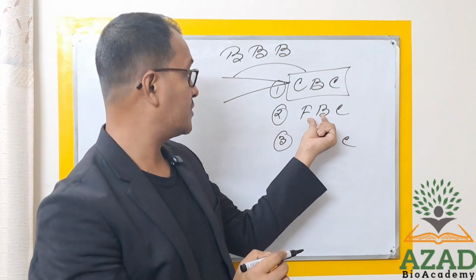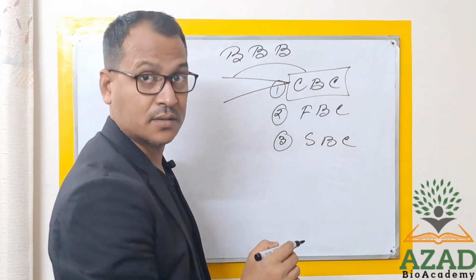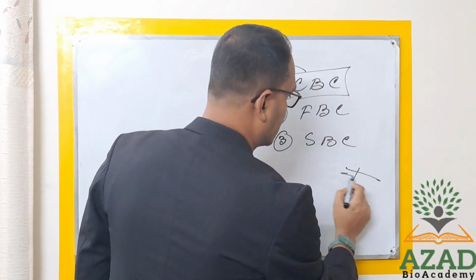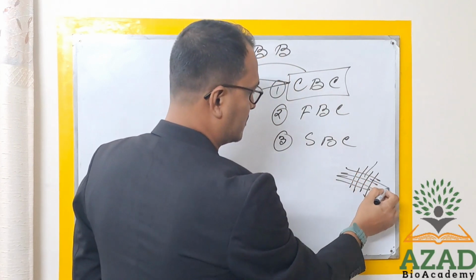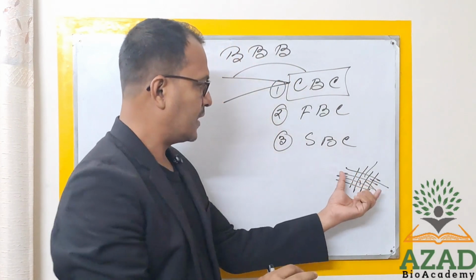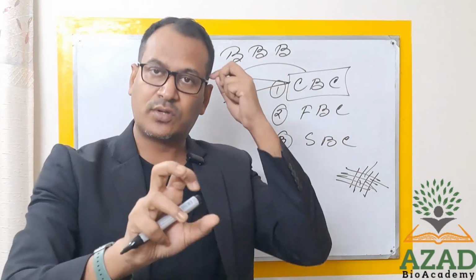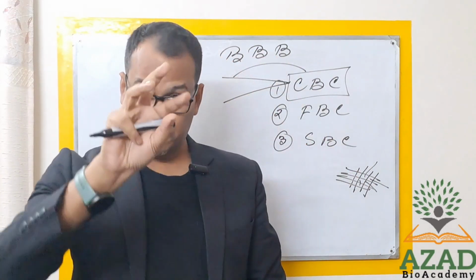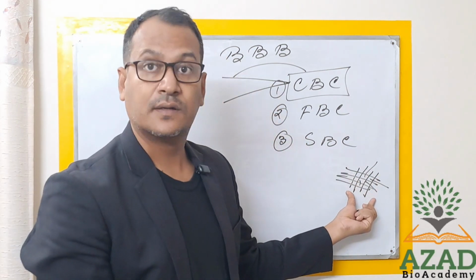First of all, you have to know what fenestration means. Fenestration is like porous. Suppose you think of a net-like substance, then you can say this is a pore, this is a pore. So the membrane of the blood capillaries, basically the endothelial cell membrane, is fenestrated.